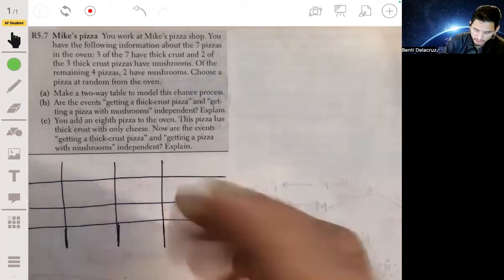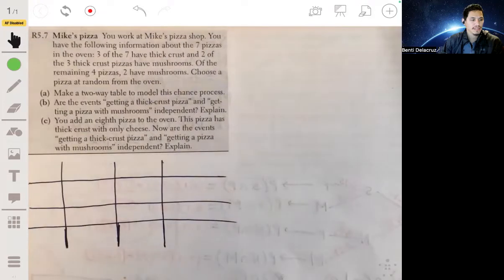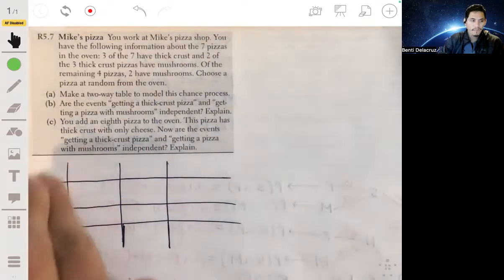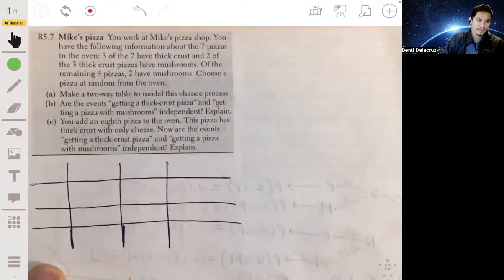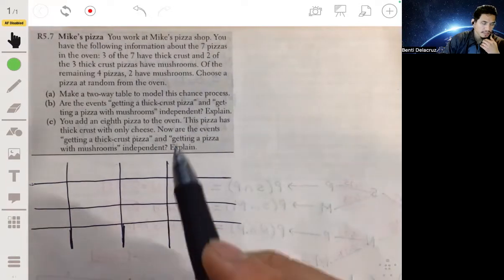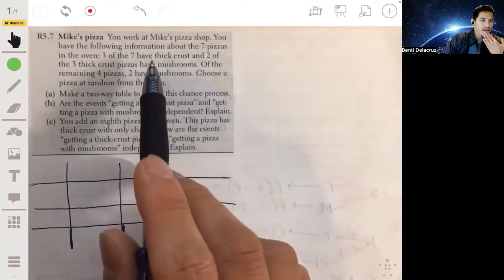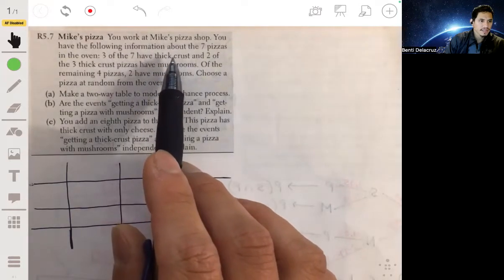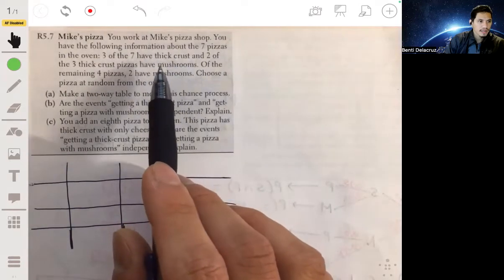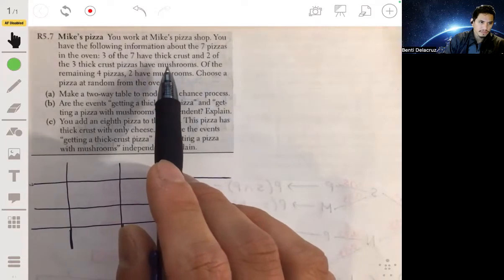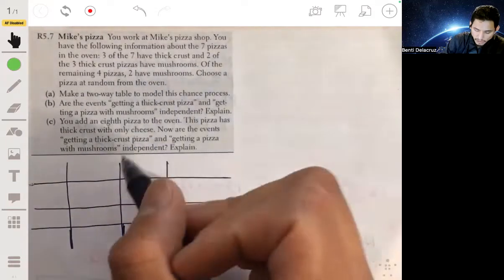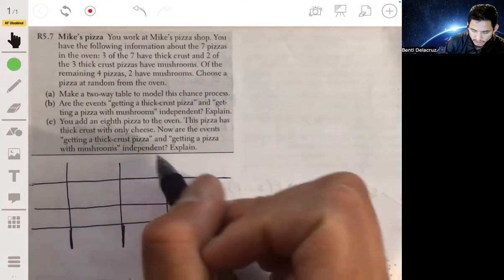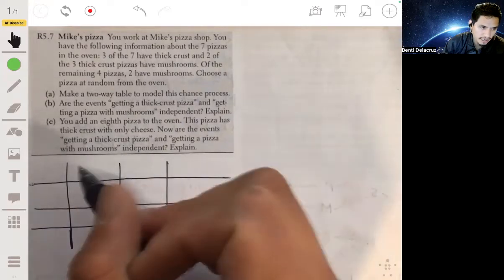And then across the columns, we're going to have one event, and across the rows, we're going to have the other event. Now let's see what our events are. The events we're dealing with are getting a thick crust pizza, and the other event is getting a pizza with mushrooms. Okay, so let's break down the thick crust event on the top.